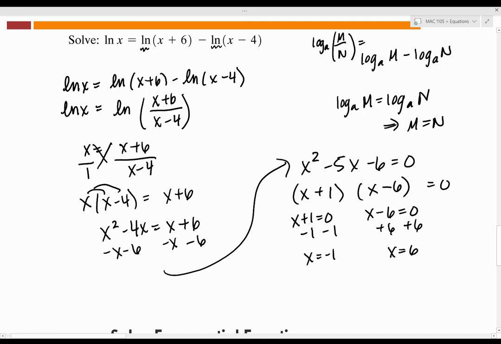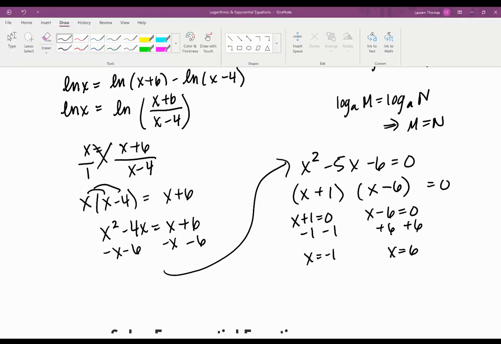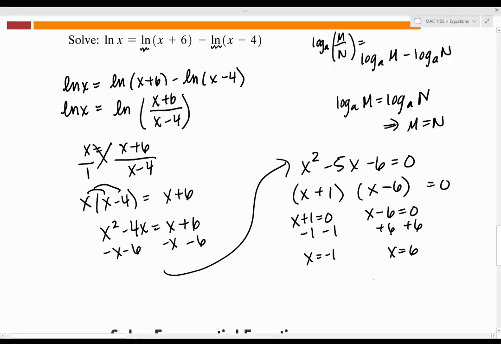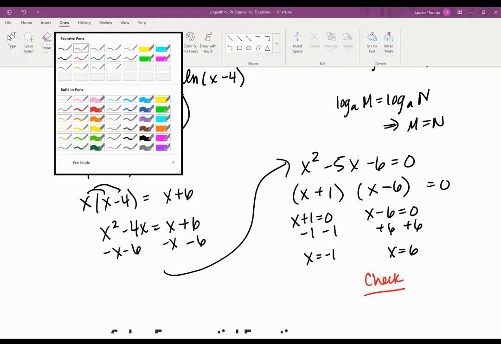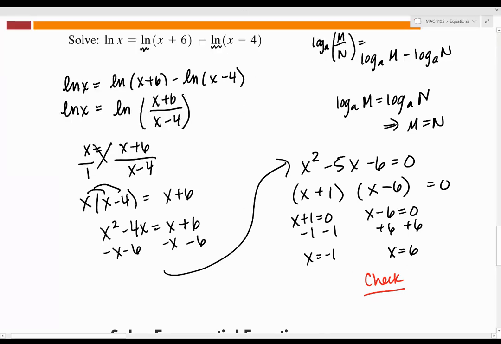Okay, so I have 2 answers. Now, before I can accept them, remember, you have to check your answers, okay? So let's check the first one. So if I plug in negative 1 into my function, all right, so let's do this really quickly.